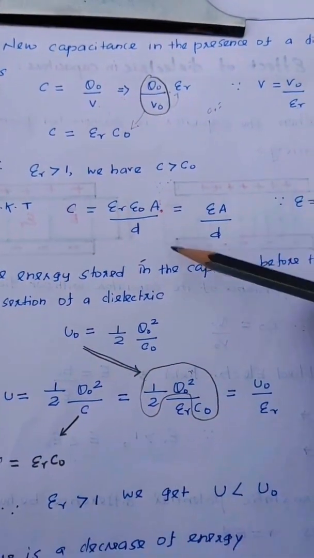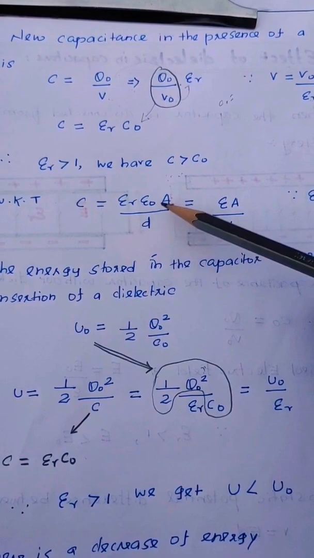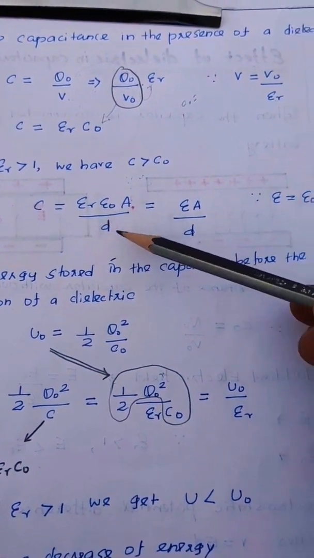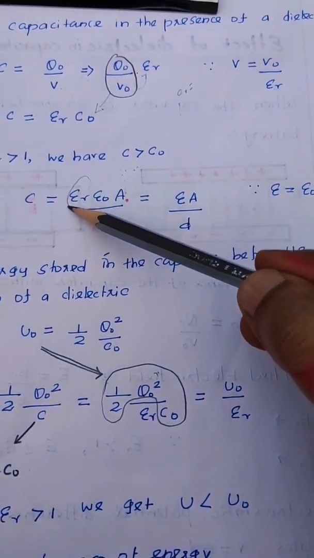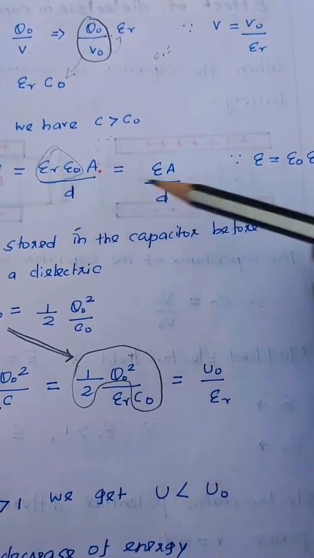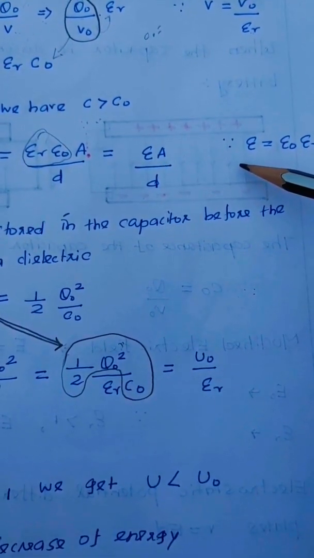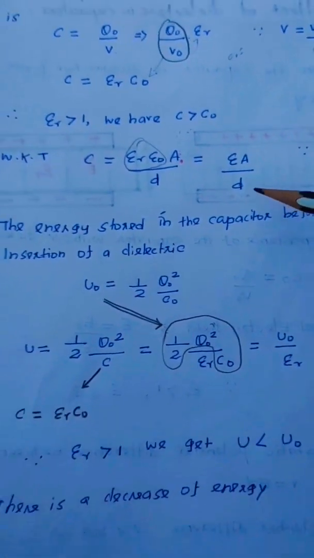We already know the equation C equal to epsilon r epsilon naught A by D, where the product of epsilon r and epsilon naught can be written as epsilon, which means the permittivity of the dielectric medium.